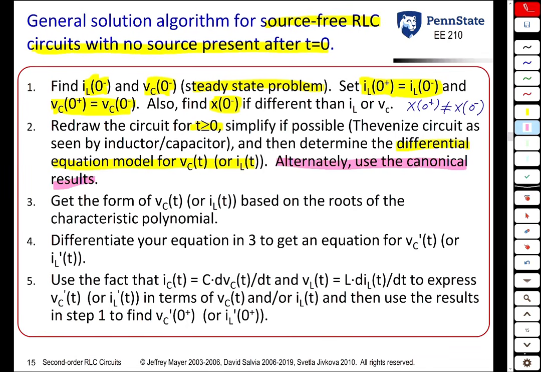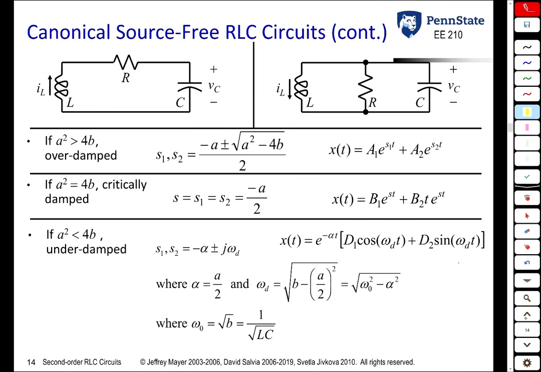The next step is you find the characteristic polynomial and you get the form of VC or IL. And once again, the form is going to take on one of three variations. If your roots are real and distinct, we're going to get the first case, which is overdamped. If the roots are real and the same, we get critically damped.